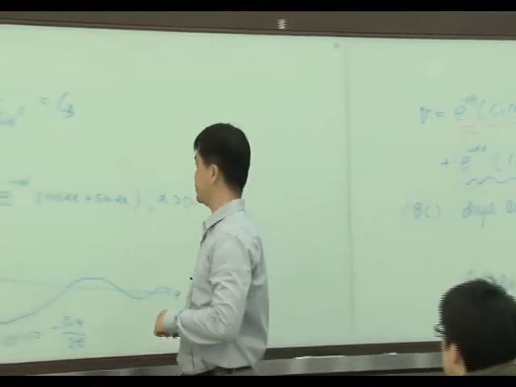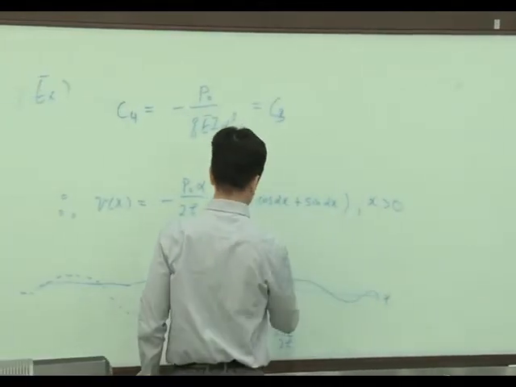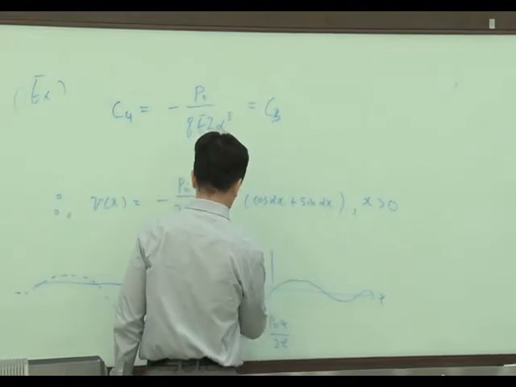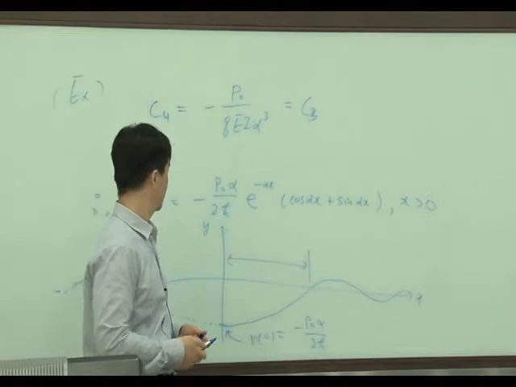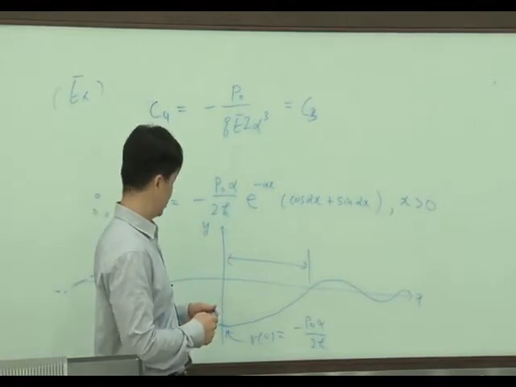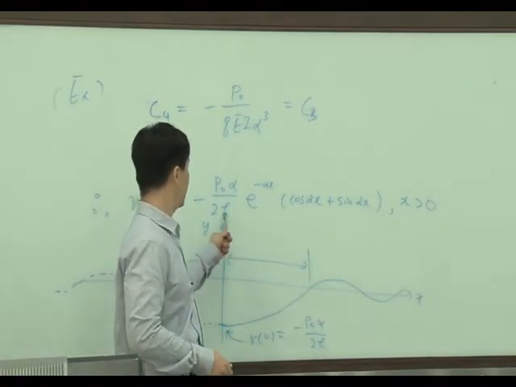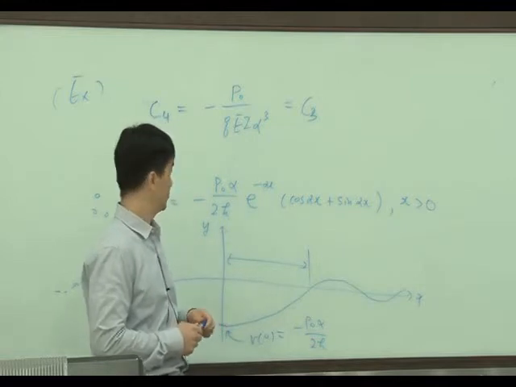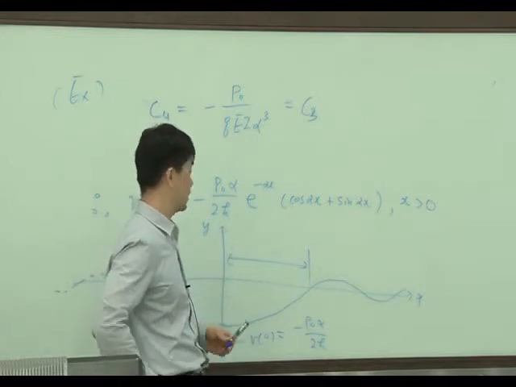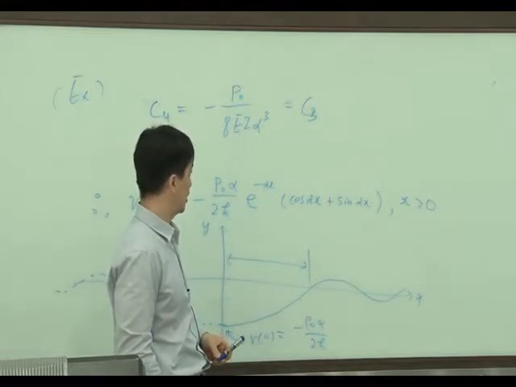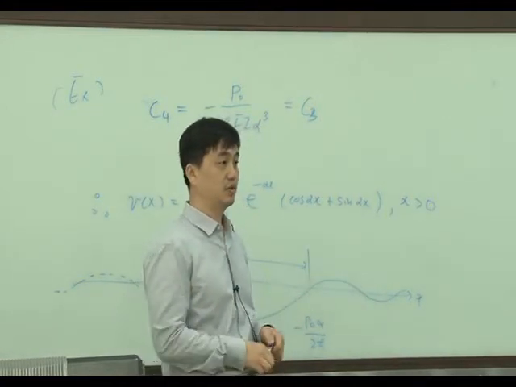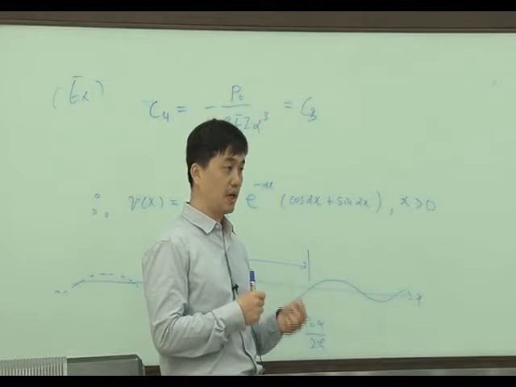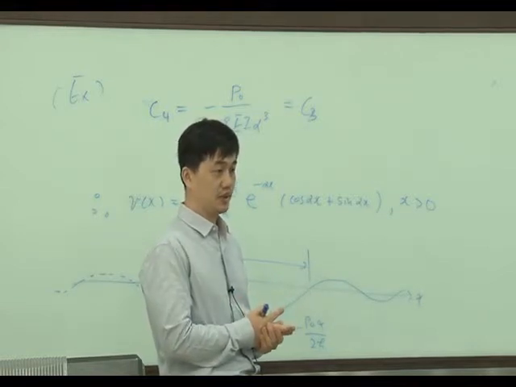And the length of this depends on the stiffness of the elastic foundation and alpha. Alpha includes the bending stiffness of the beam. Okay?